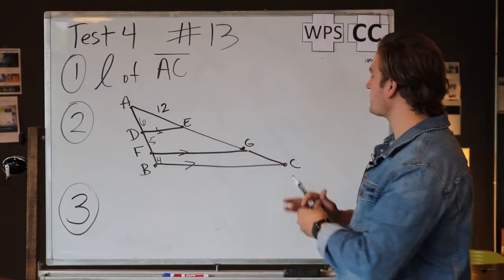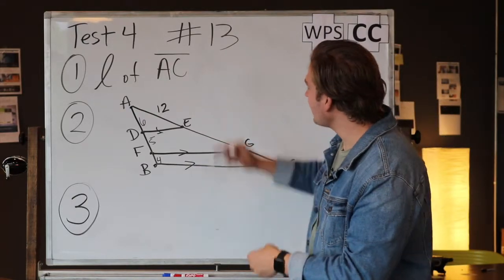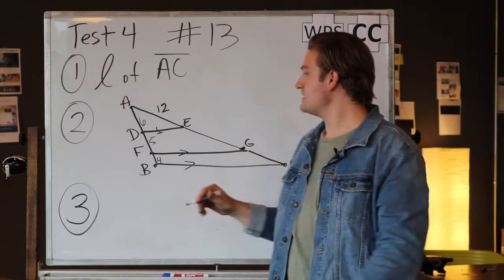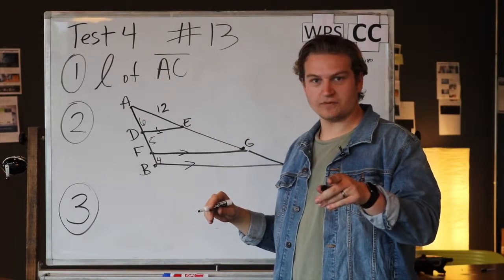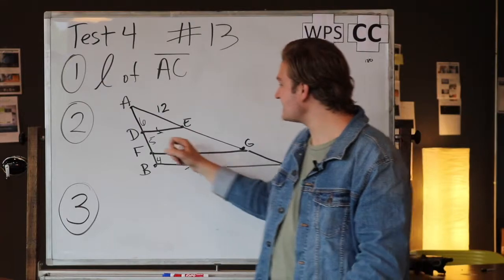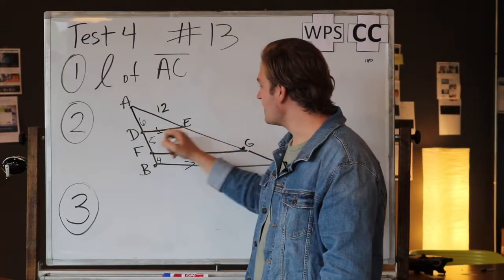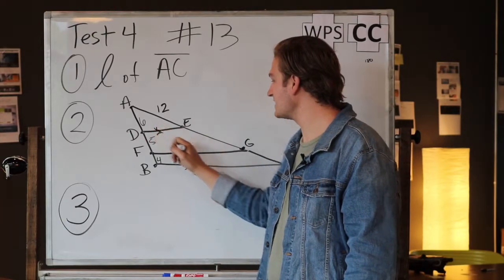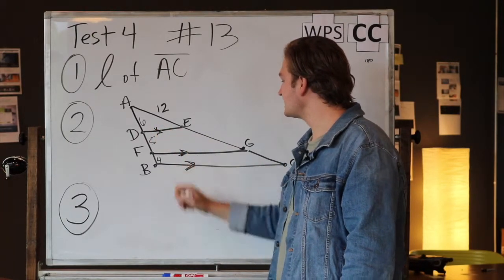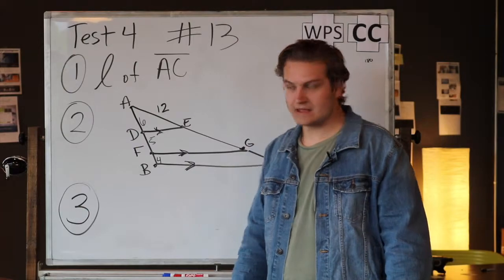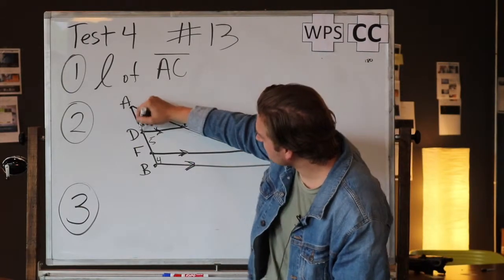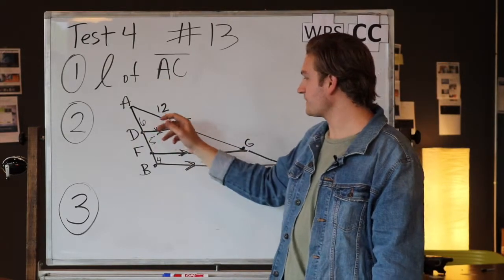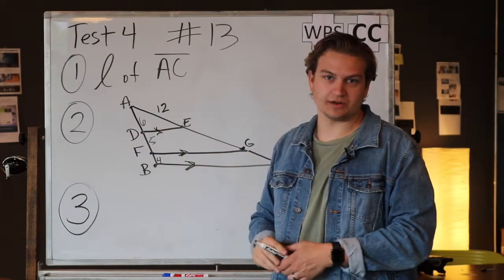Anyway, to move on to step 3, in order to find the length AC, there's something you need to know. And that is, since these lines that cut through the middle of this triangle are parallel, like it tells us in the question, that means that these lengths on the outside of the triangle are proportional to each other.